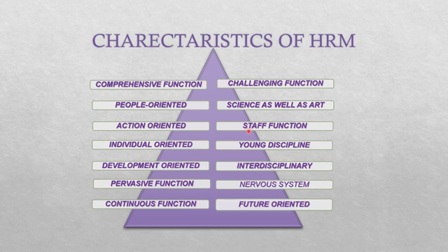Next is staff function. Staff function means it is advisory in nature, because there has to be a way how you put in jobs, or make work done by the employees within your departments.